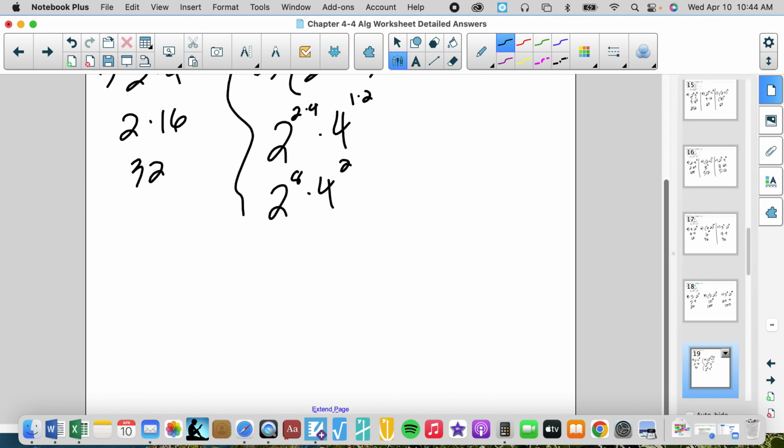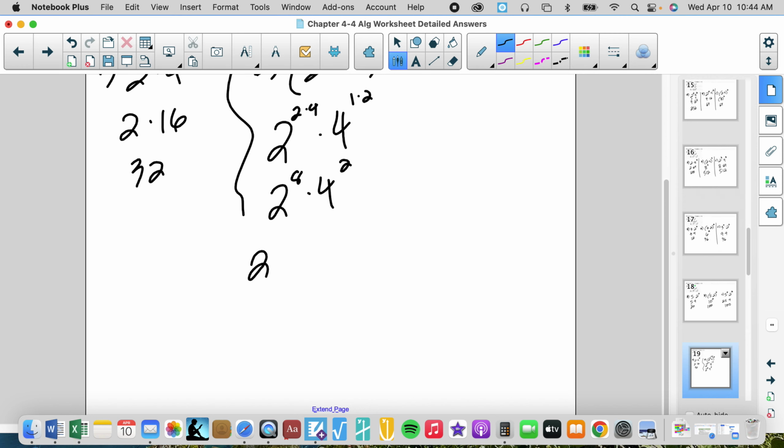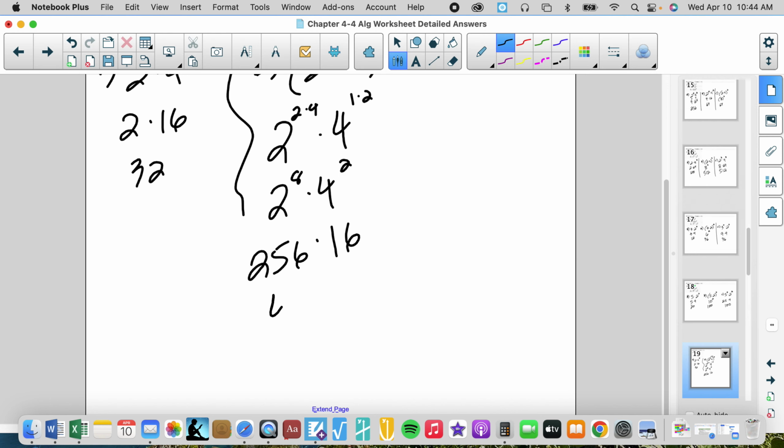Ooh, 2 to the 8th. I feel like that's 64. I bet you it's more than that. I bet you that's 256. Let's see. 2 to the 8th power, 256. 4 squared is 16. So let's take 256 times 16, which gives us 4096. Whew, that's a big number.